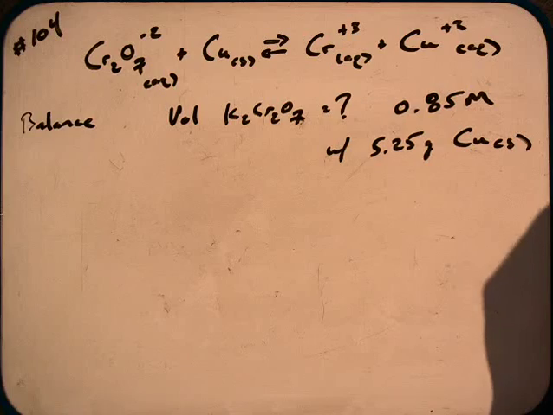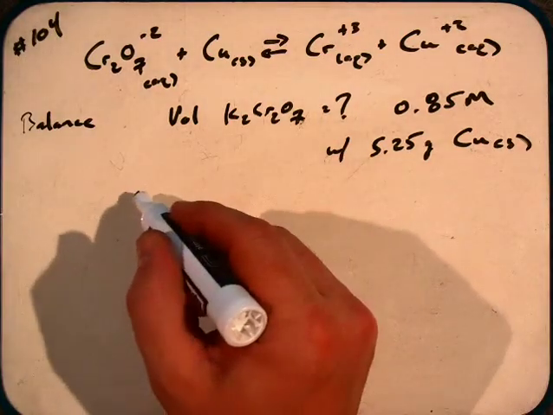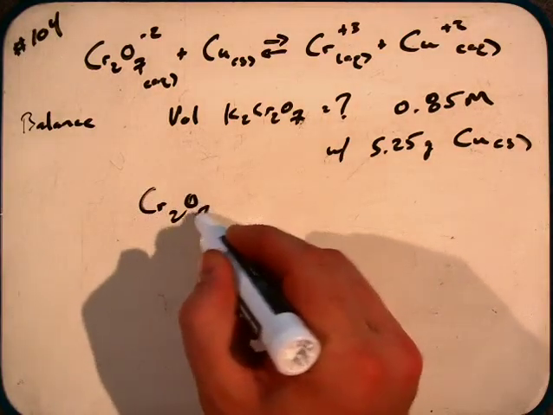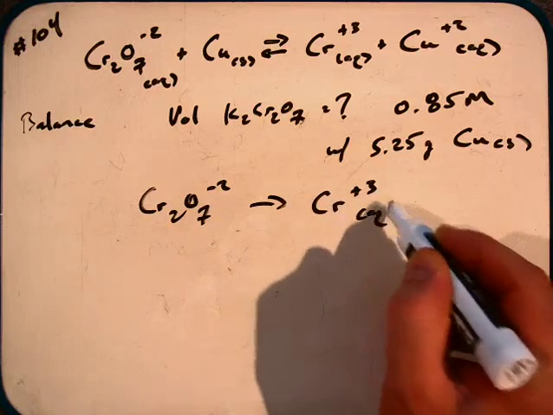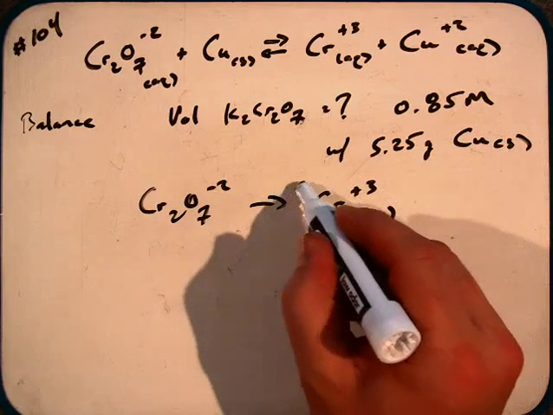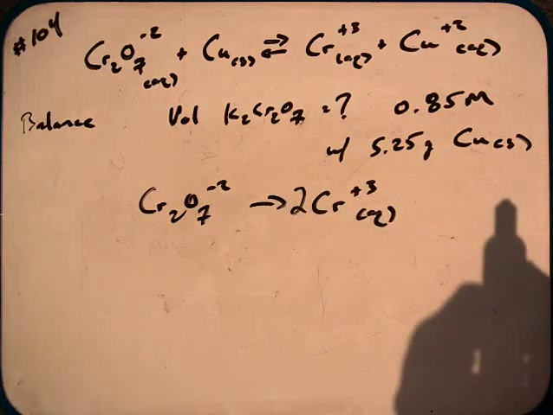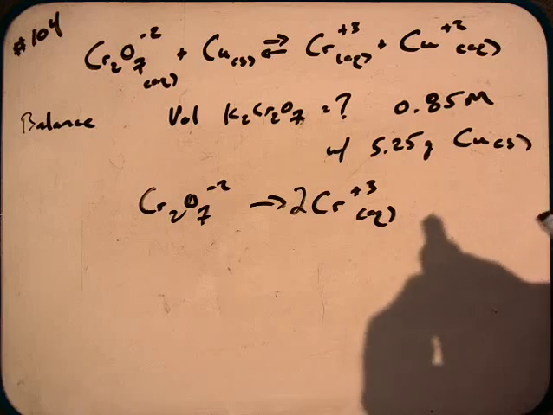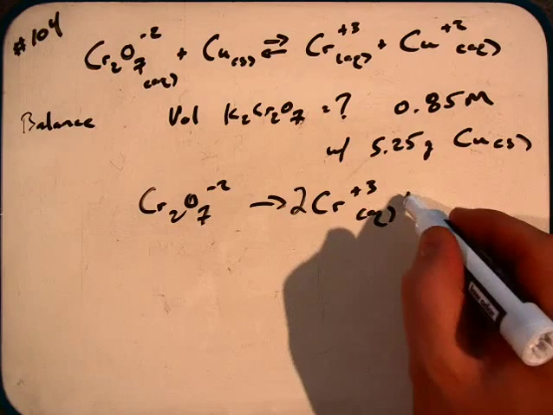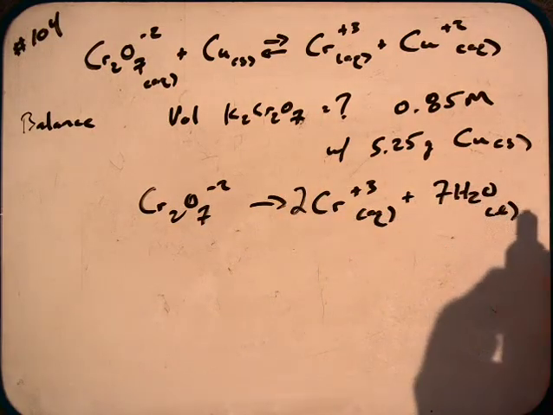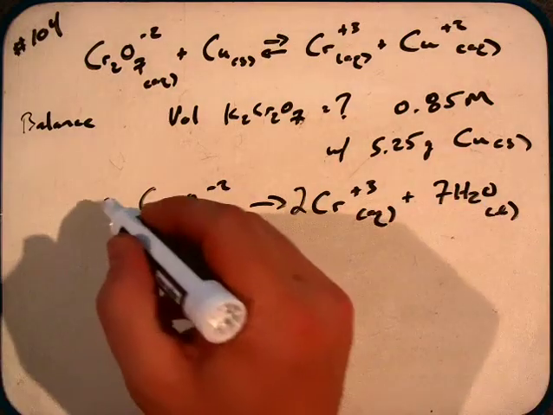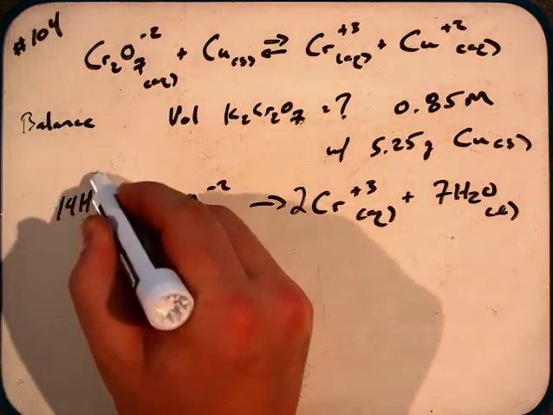First things first, we have to balance the overall process. If we look at our dichromate, that's going to chromium plus 3. First thing that we would have to do is balance out our chromiums, and then we could balance out our waters by adding 7 H2Os to the one side and then adding 14 protons to the other.